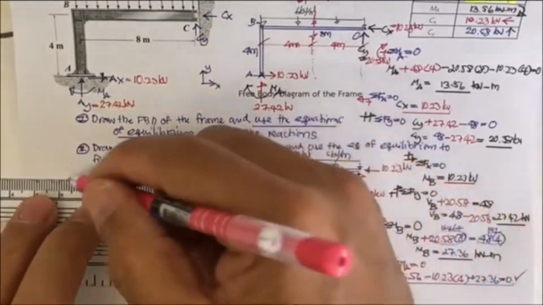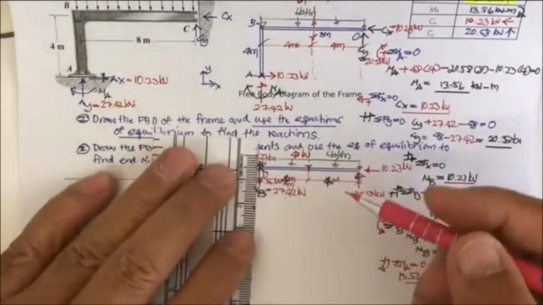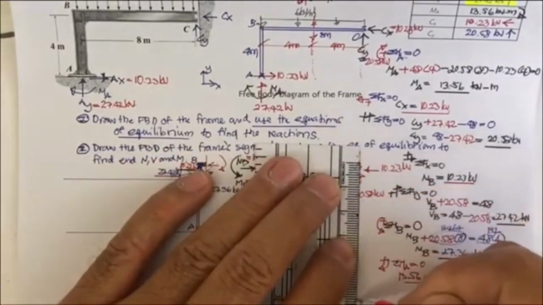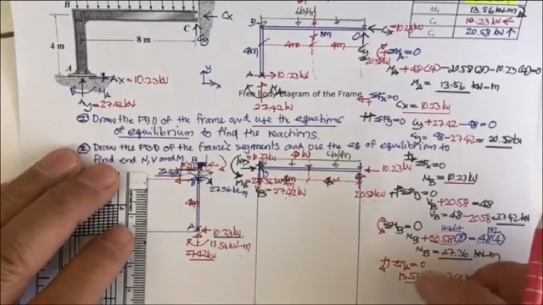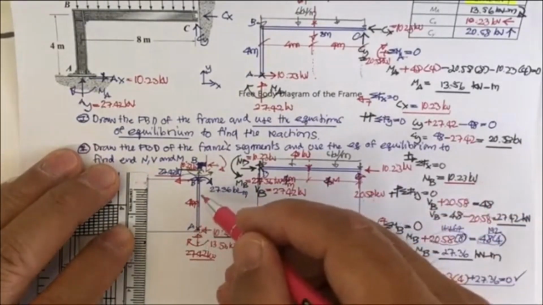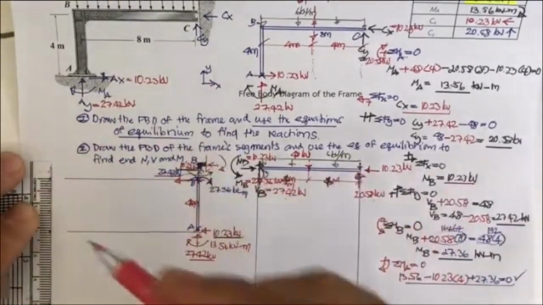For this, you may extend the line like this. Then you may make a copy of this one into here, and then you can draw it later here.